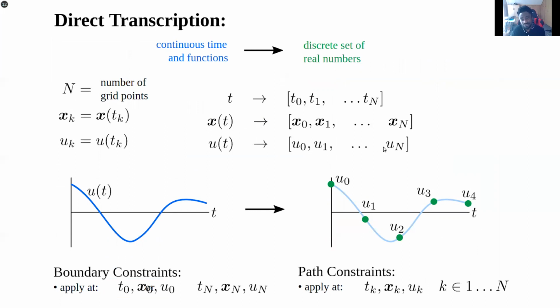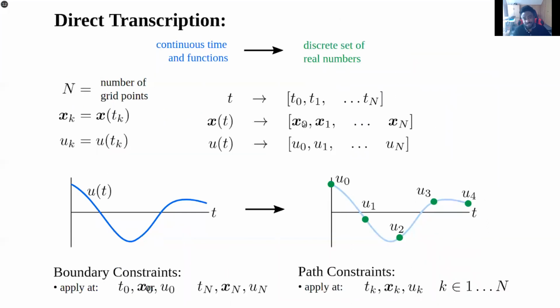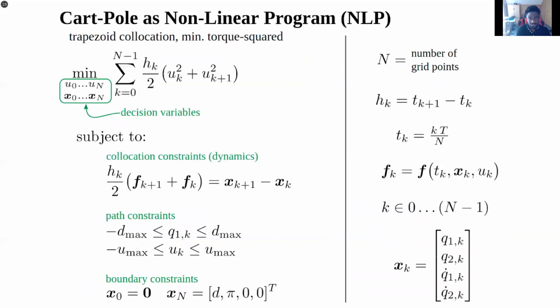Given this discretization, we come up with some initial guess of the trajectory. Coming up with this initial guess as well as the discretization formulates it as a nonlinear program, which you can then solve with NLP solvers. This is the NLP problem, the nonlinear program.